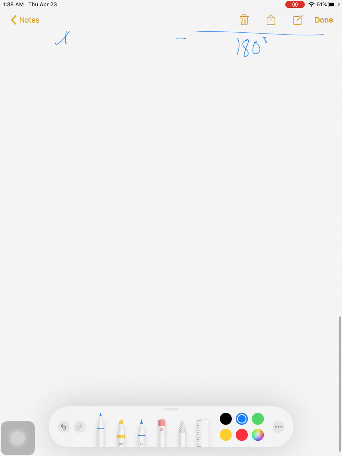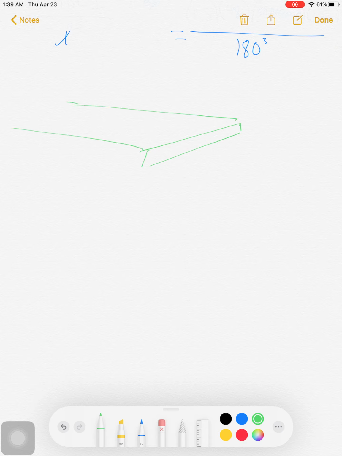All right, let's look at one more practice problem here. Let's say we have a diving board, and we have a force on the end of this diving board. Let's say we have a person who's 200 pounds.